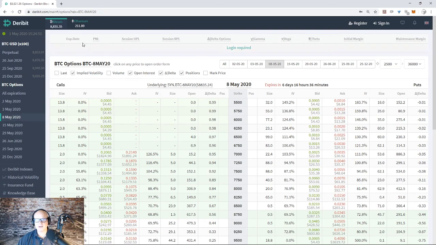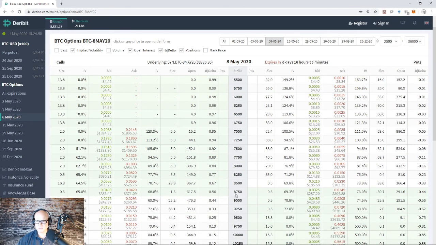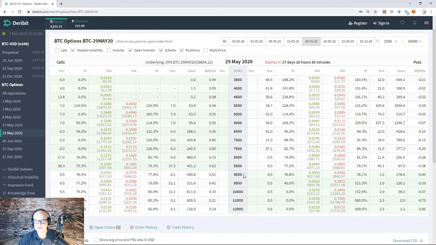And if we do 8 May, right now the price of Bitcoin is 8,800. Now I could pick the 8750, because that would be closest to the money, but I know that the 29 May doesn't have those options. So I'm going to be forced to use 9,000. You want to use the same strike on both of these, the same strike price.